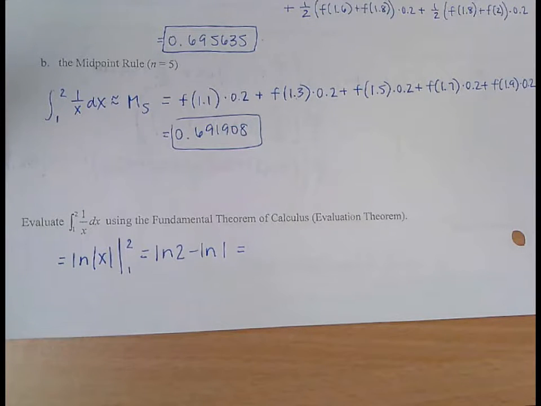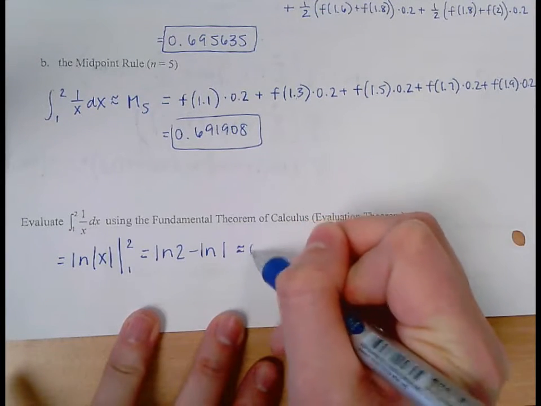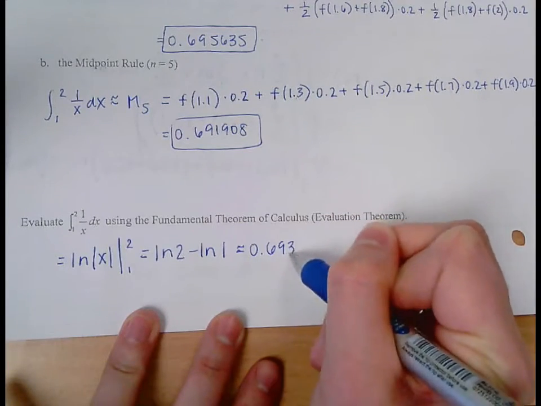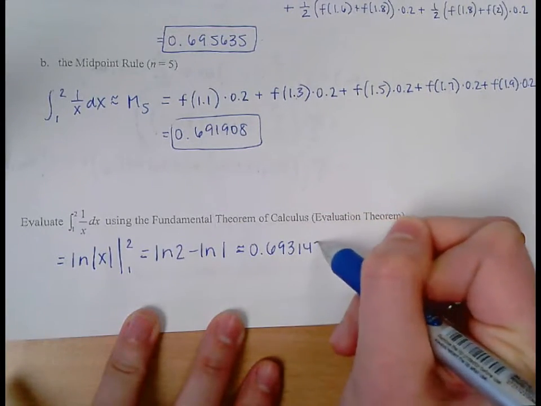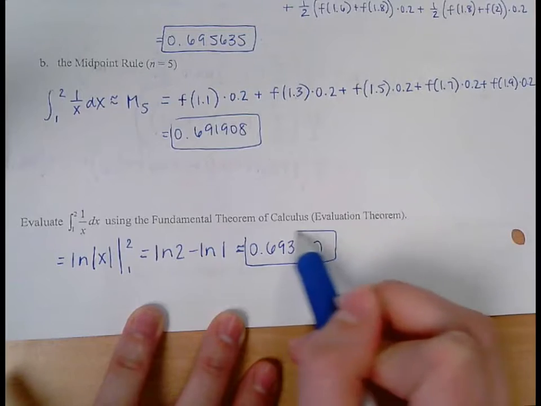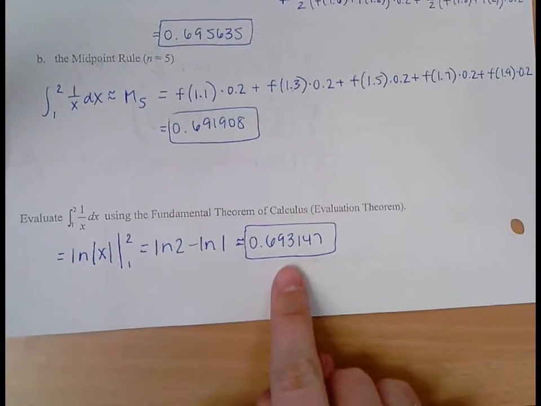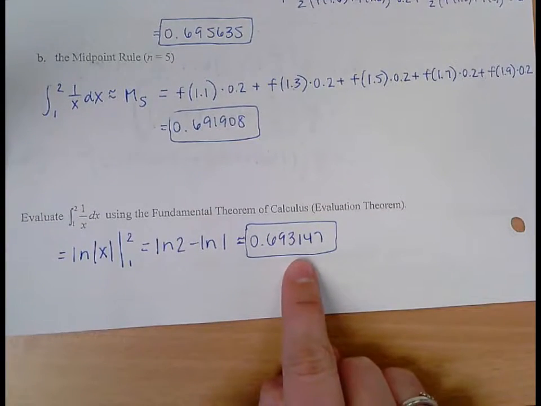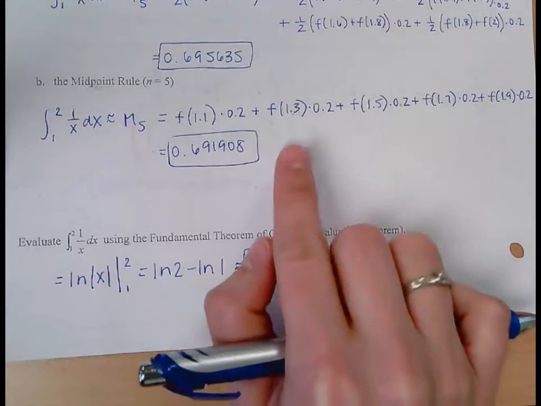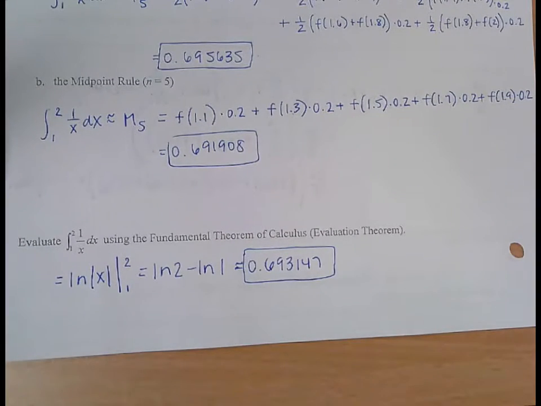So I'm going to write this to 6 decimal places as well. Natural log of 2 is approximately 0.693147. Okay, so I know this is approximate as well, but this is the closest to the exact versus these two. They're all pretty close.